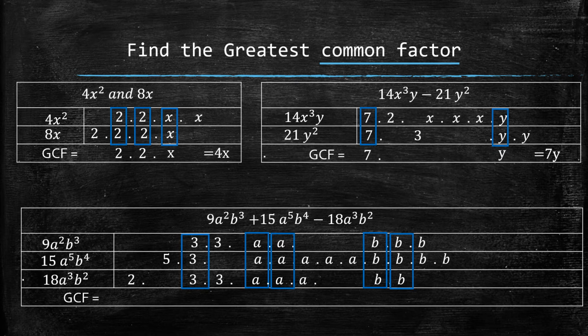So you write all those common to them: 3, A, B, and B. So your greatest common factor now, class, is 3, A times A, that is A squared, B times B, that is B squared. So, 3A squared, B squared.